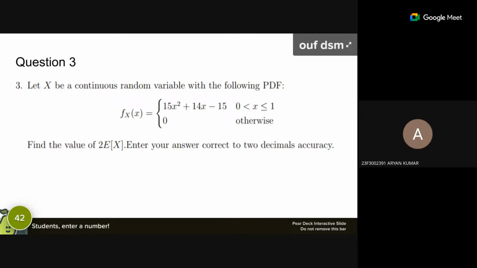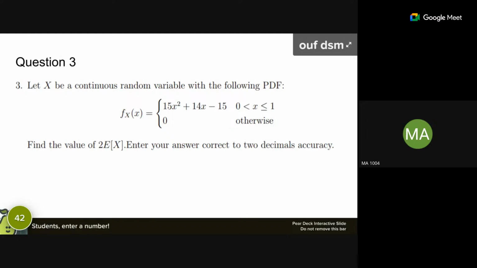At x equal to one, it should be less than one? It's f of x, it could be greater than one too. So it shouldn't be a PDF.